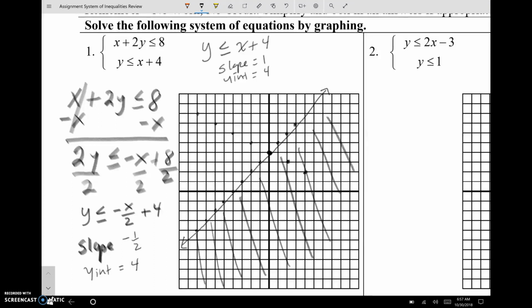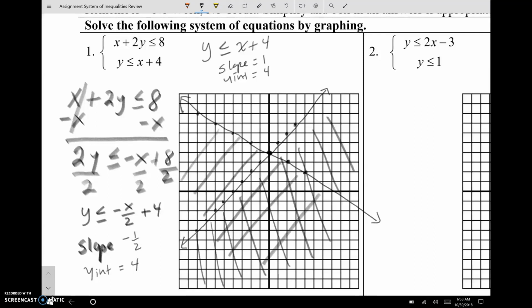And since it's equal, it's going to be a solid line. It won't be broken. And now it says y is less than or equal to negative x over 2 plus 4. So we're going to shade down.